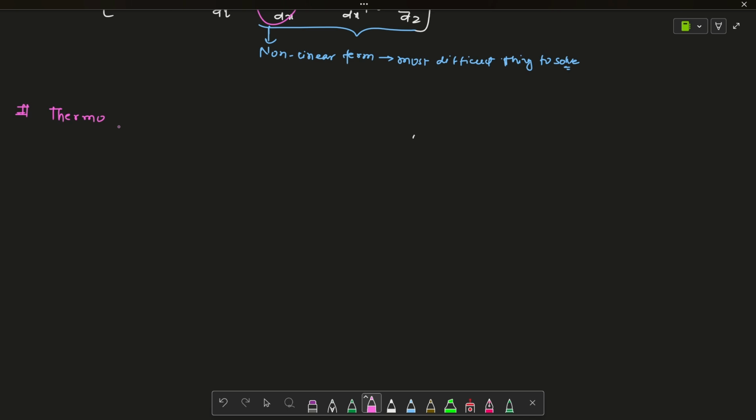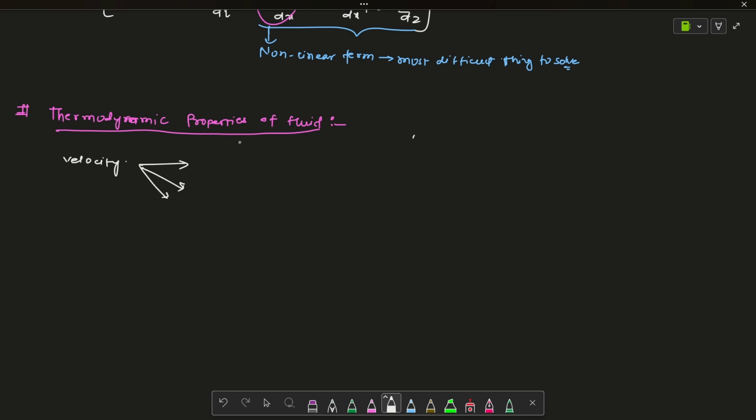Okay, so now we are going to study the thermodynamic properties of fluid. Let's suppose velocity is there, right? We know velocity is one of the most important properties, and it has three base friends.